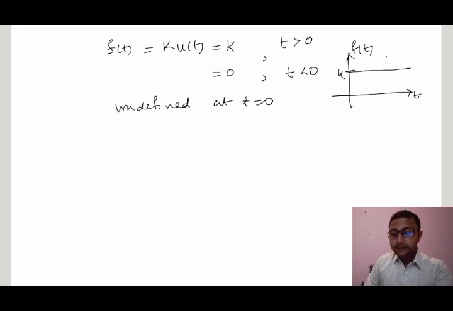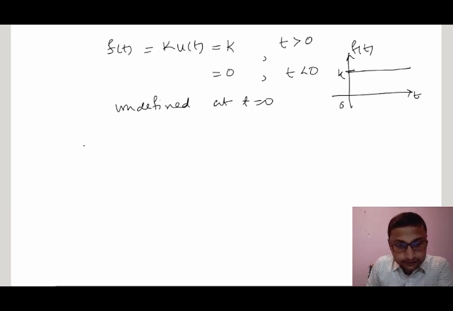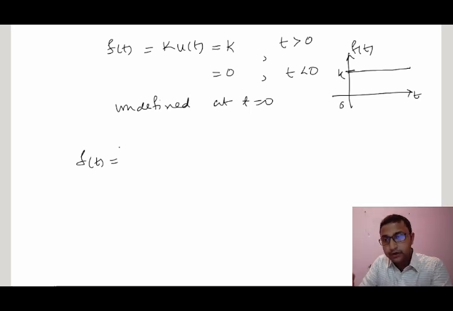Then if there is some phase shift or some delay, that means the signal does not start from the origin, there is a phase shift by capital T. Suppose I come to the unit step signal with a phase shift by capital T, that is u(t).